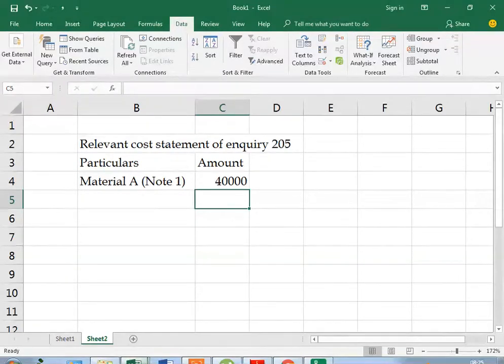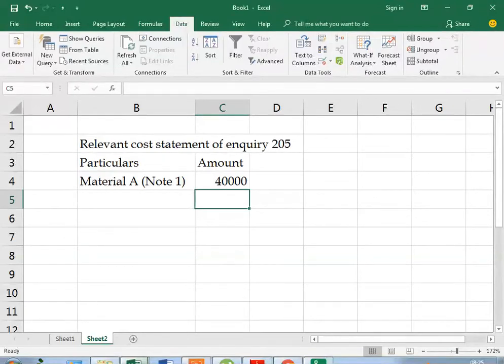Leave some 12 lines, come down to the notes. Point number 1: material A is available and a fast moving item.